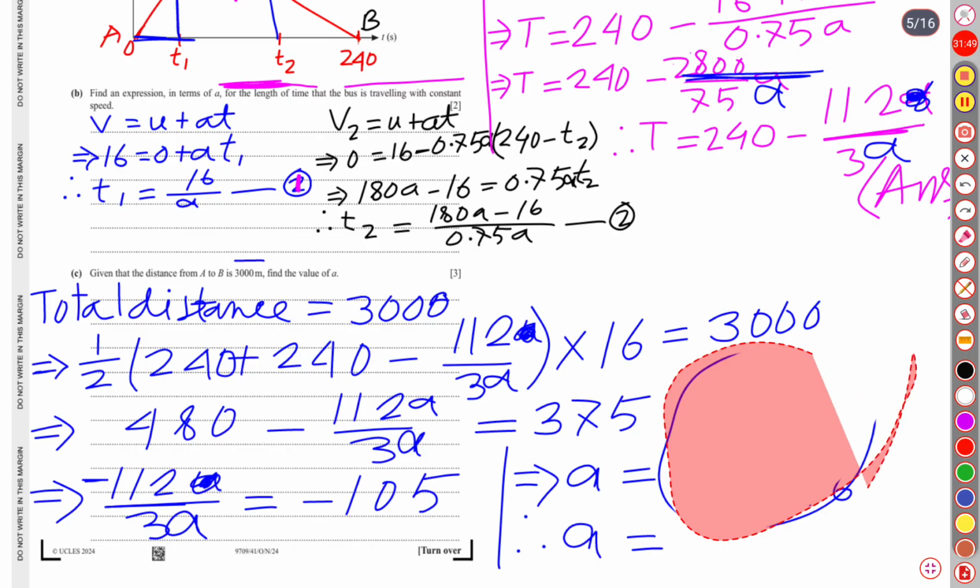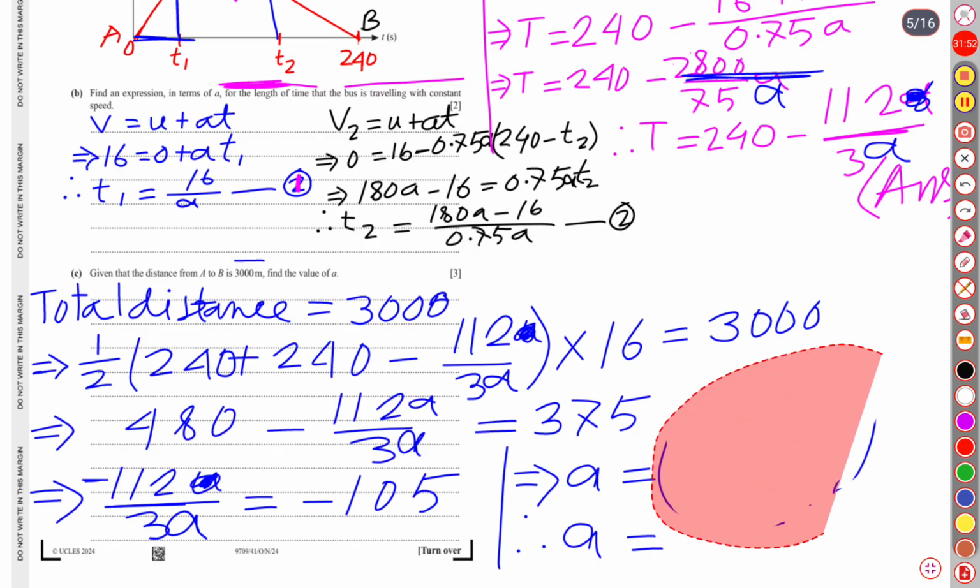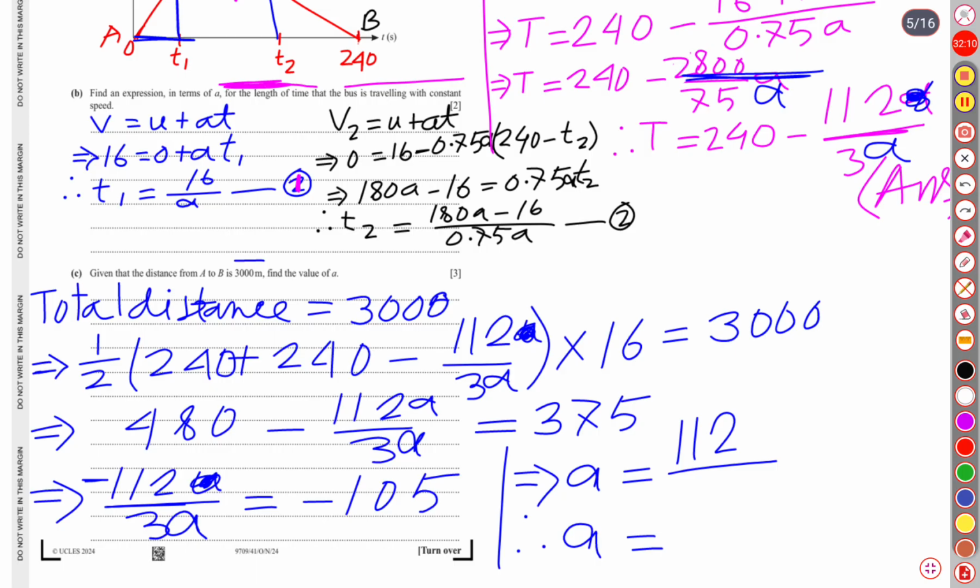The fraction we should form is: 112 will remain as it is, with 3 in the denominator, and from the right side 105 is transposed as denominator.